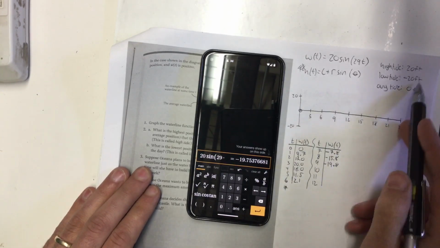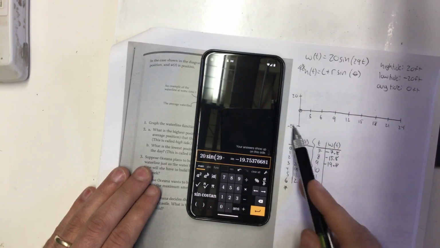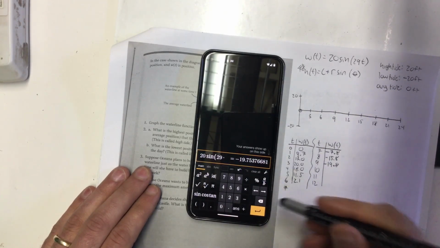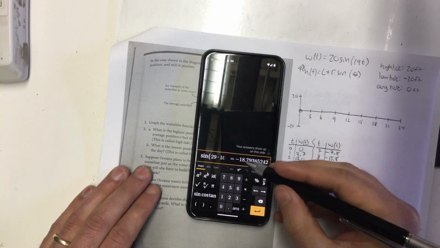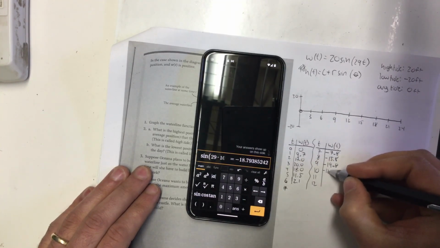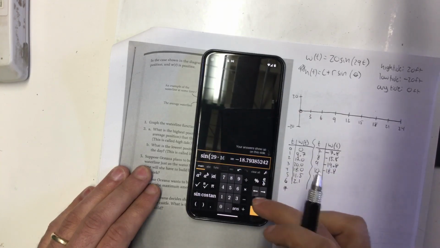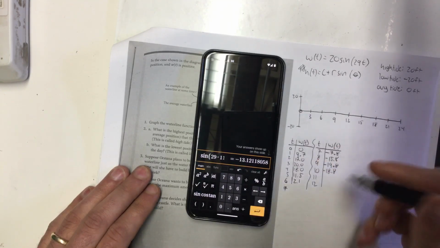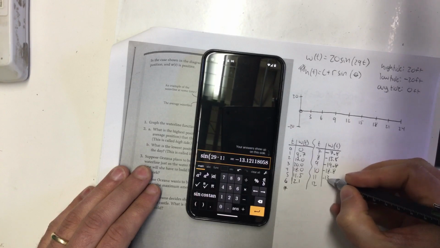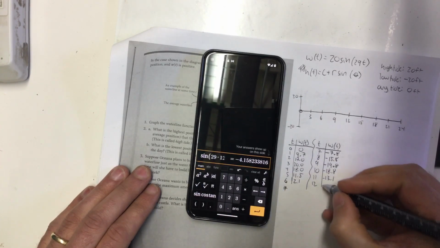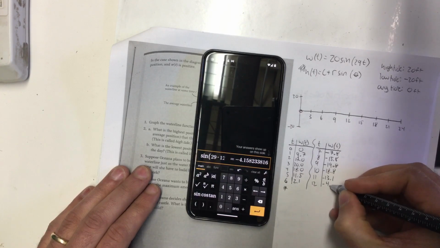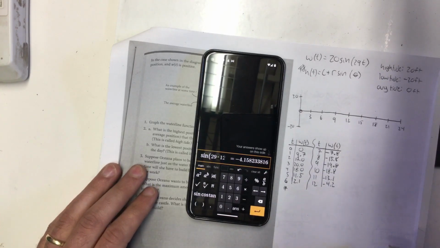Because our low tide is negative 20, or right there, negative 20. Okay, let's try 10. That's negative 18.8. Then 11 is going to be negative 13.1. 12 will be negative 4.2.